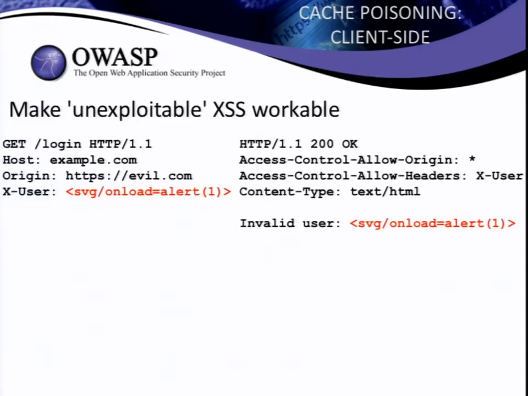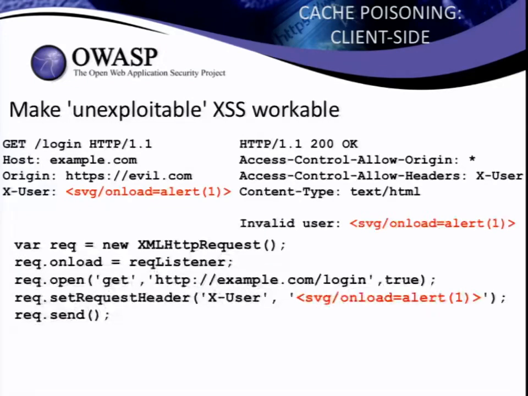Now, thanks to the CORS policy that you can see, I can make the user send that request across the domain. But this doesn't actually mean that I can exploit it yet.